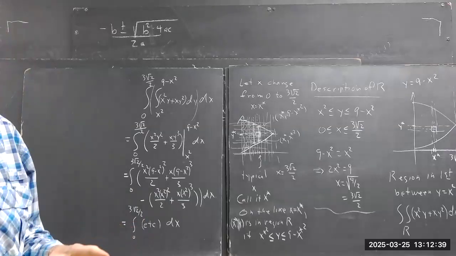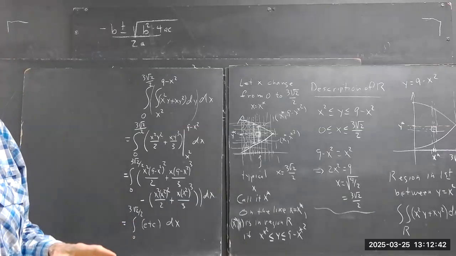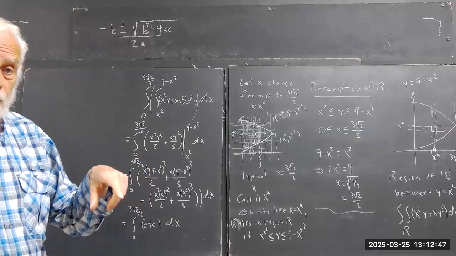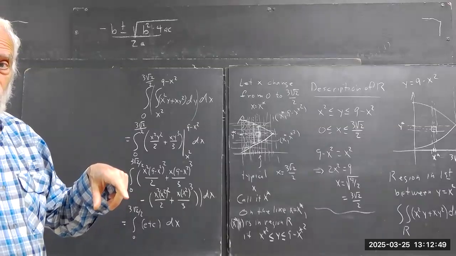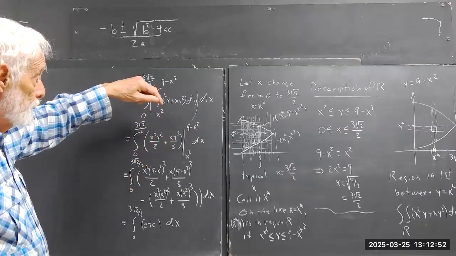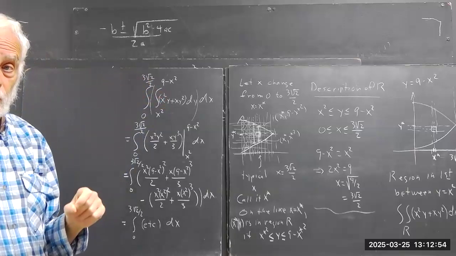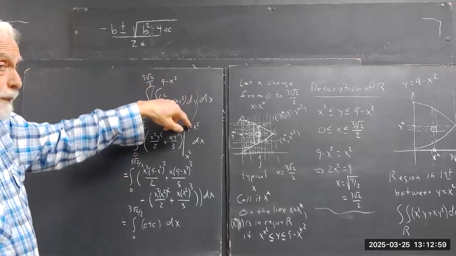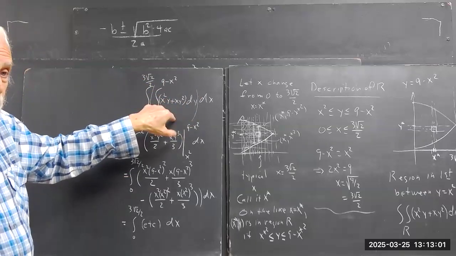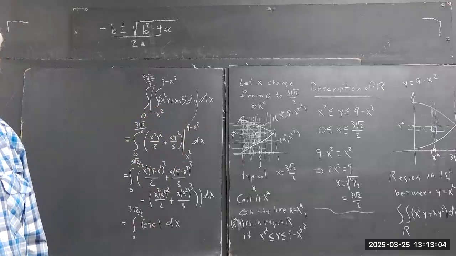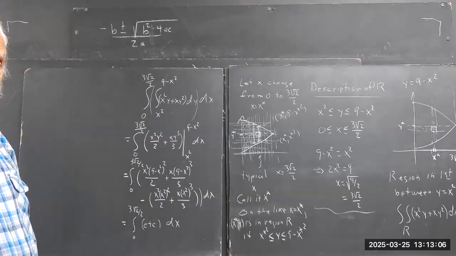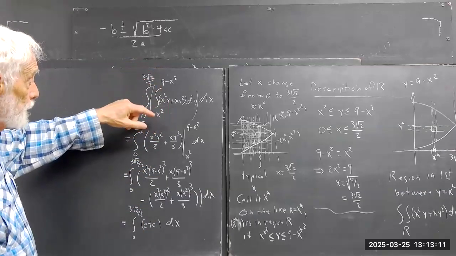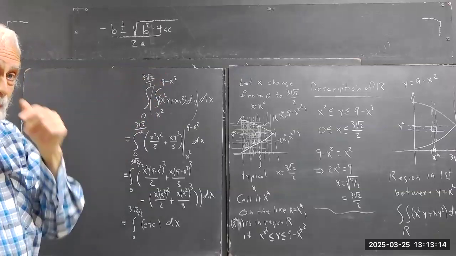The point I want to make is, okay, the big deal here is that this integral has to give me a function of x. And it gives me a function of x as long as my limits are functions of x.